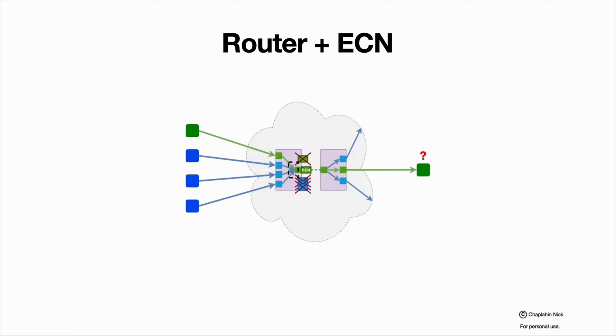And here ECN steps in. Our router, in a condition of congestion, can update the IP frames being sent to our receiver with ECN information. This ECN information reaches our receiver. The receiver understands that there is congestion on the path.